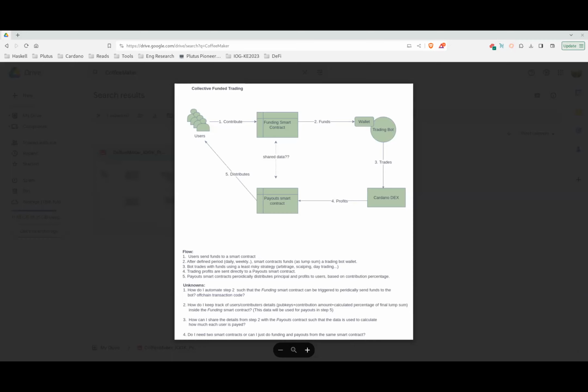And then it gets a bit tricky to keep track of the percentages, because these UTXOs are very independent of each other, so it becomes tricky to determine the percentage of the whole investment. I'm not sure whether, Robertino, you have an idea there.